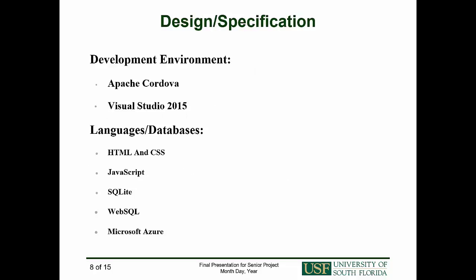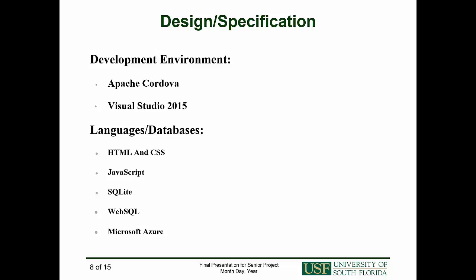So a little bit on the design and specification. As I said earlier, the development environment uses the Apache Cordova framework. Apache Cordova can be used in different environments, but for our project, we use Visual Studio 2015, which already has the Cordova framework built into it.